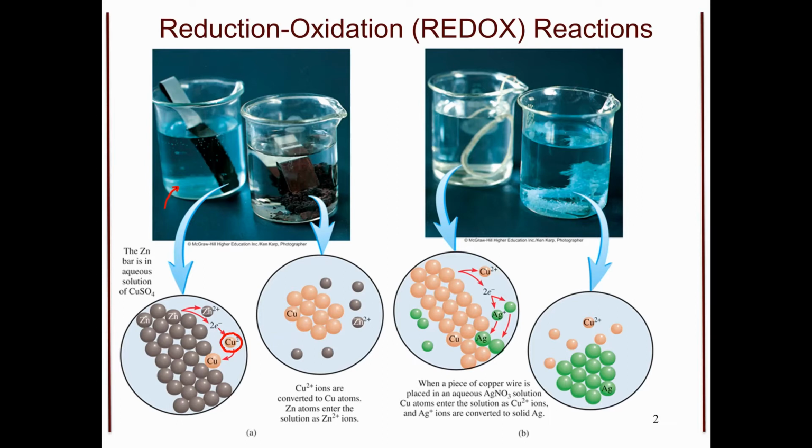Let us go ahead and look at our right diagram. You will see once again that you are going to have a new solution. This time, you are going to have a copper solid, and in our solution, you are going to have our silver cation. In this case, our copper is going to convert from a solid to an ionic species, giving off the 2 electrons that are necessary to reduce our silver.